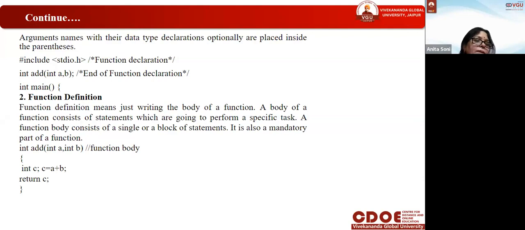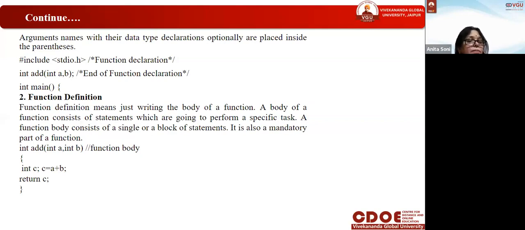Because you have written int as the return type, you are returning the result of the addition of two variables, stored in c, by using the return statement. So return, followed by the identifier. So this is the body of the function.